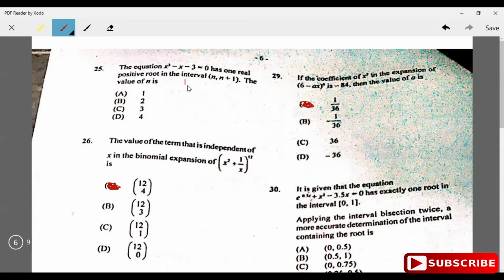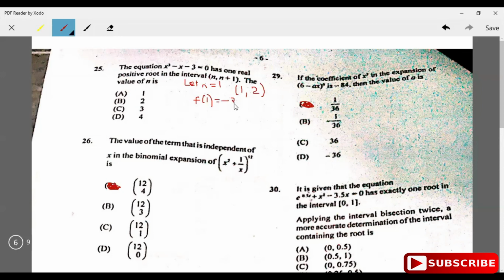So what you're going to do is try values for n. Let n equal 1. Then the interval we're going to have is 1, 2. And then you find f of 1. f of 1 is going to be equal to 1 minus 1 minus 3, which is negative 3.